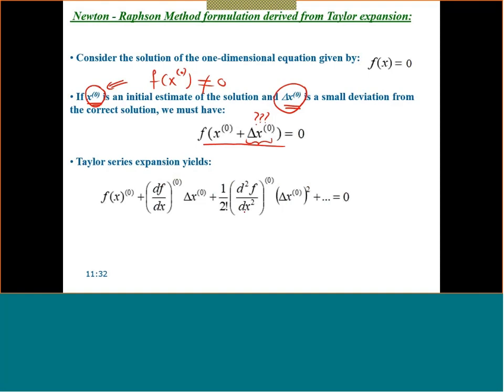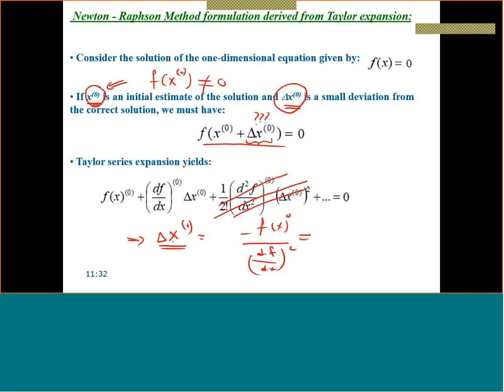And so if I cancel any term higher than the first derivative, from this you can say that your delta x of 0 will equal minus f of x of 0 divided by df by dx of 0. This is your error.